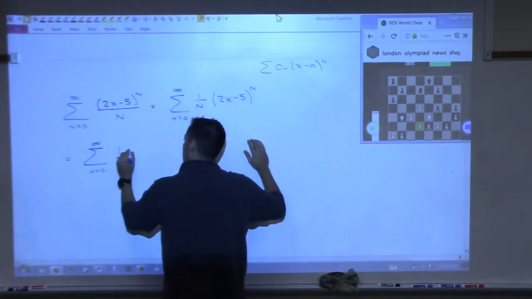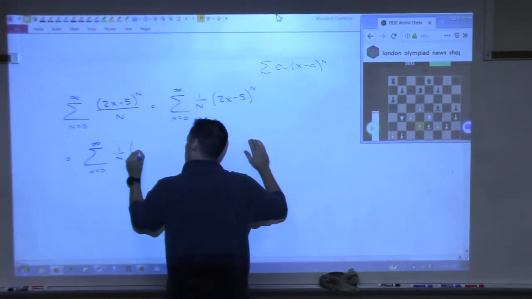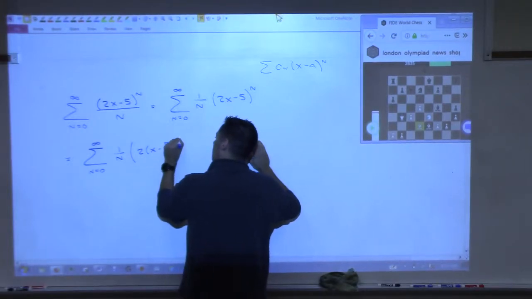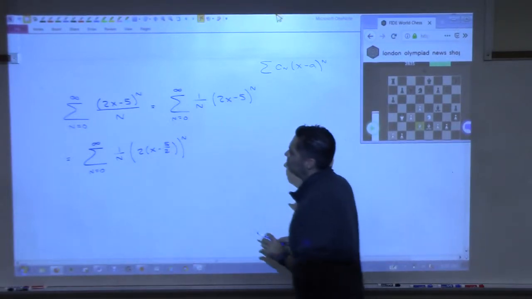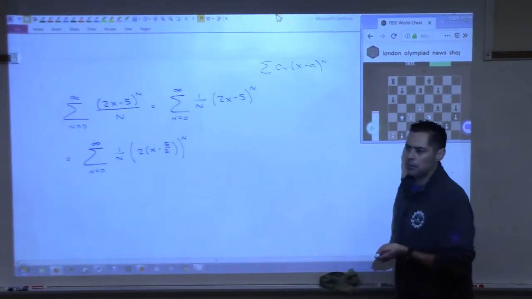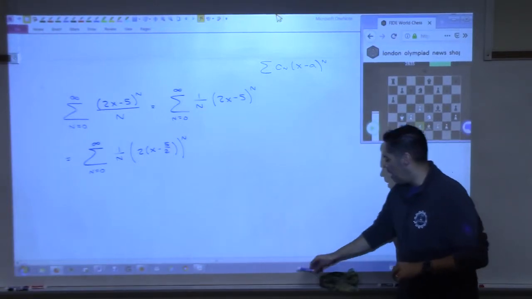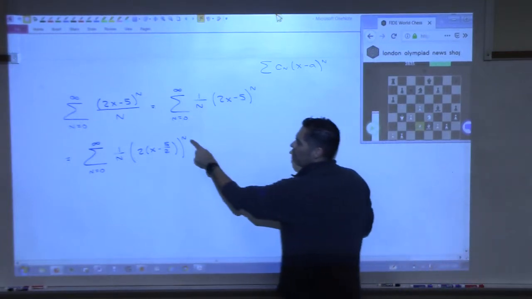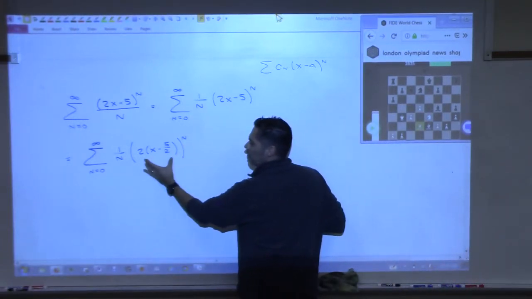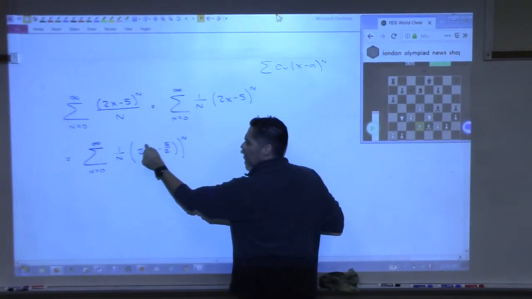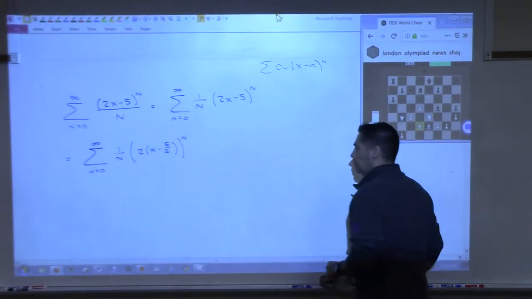So watch what I'll do. I'll pull a 2 out, and I'll get x minus 5 halves to the nth power. Can I do that? And now what can I do with this n power? I can do 2 to the n and then this to the n, can't I?